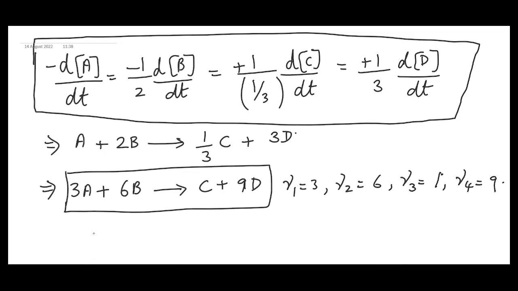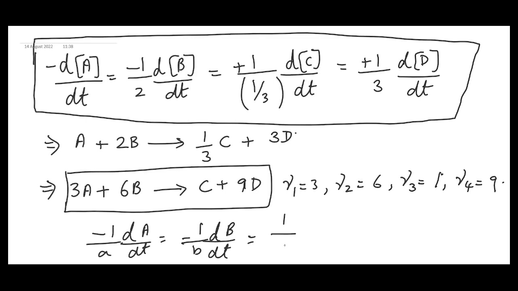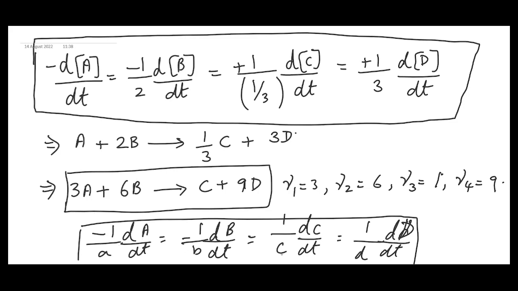I am writing it down here. Minus 1 by a dA by dt is equal to minus 1 by b dB by dt is equal to 1 by c dC by dt is equal to 1 by d dD by dt. So this was the general rate equation where a, b, c and d were the stoichiometric coefficients.